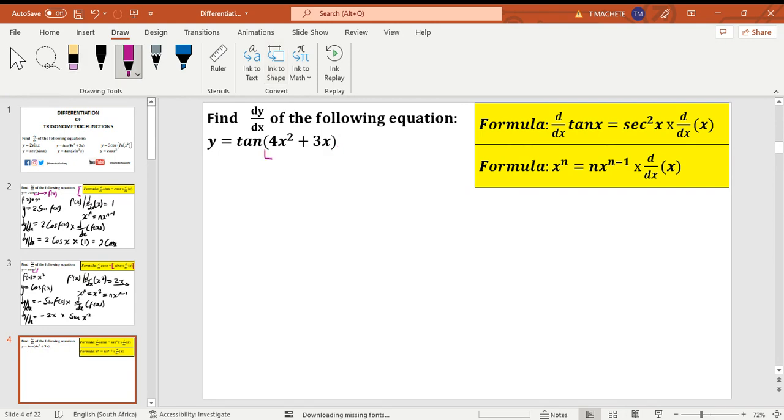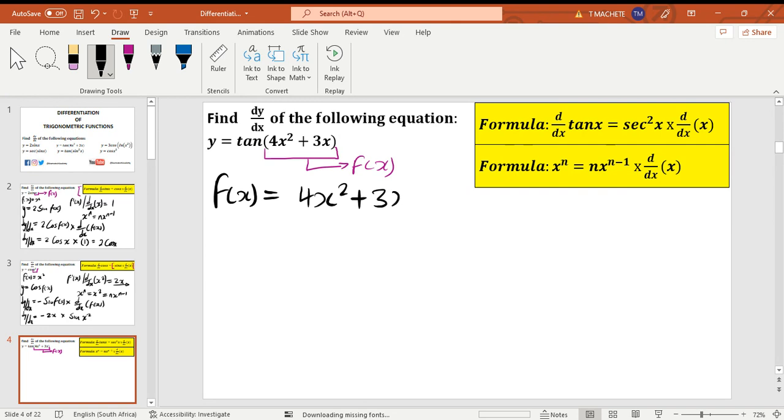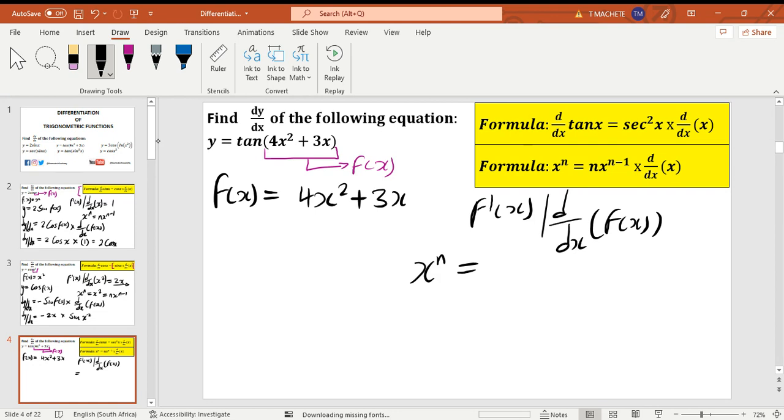So let's identify our f of x. In this case, our f of x is this. So you're going to write it down. You're going to say your f of x will be equal to 4x squared plus 3x. Then we have to find the f prime, or rather the d over dx of your f of x. Then the formula that you're going to use is the very same formula that we're using for standard differentiation.